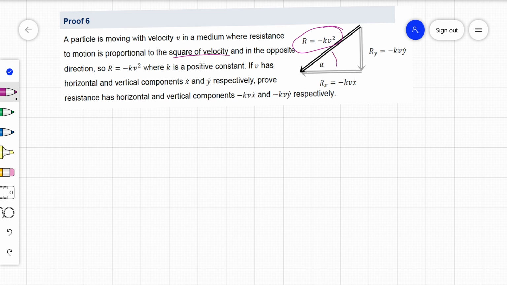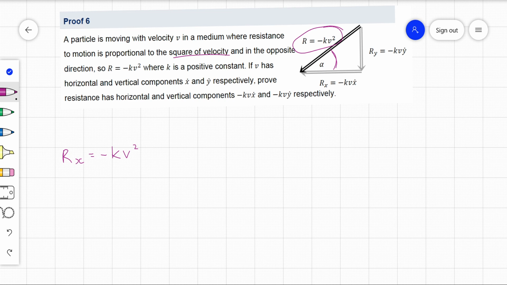Now if you set it up with an angle of alpha to the horizontal, so there's the resistance. If I use trig again, if we look at the resistance in the horizontal plane, then remember it is proportional to the velocity squared, and we're only interested in the x, the horizontal component.